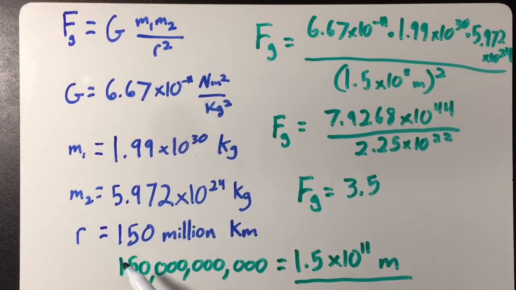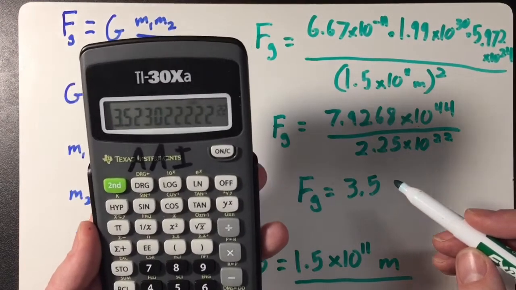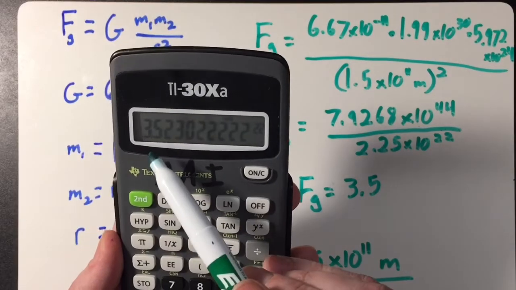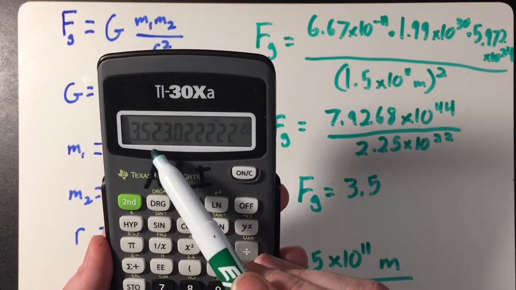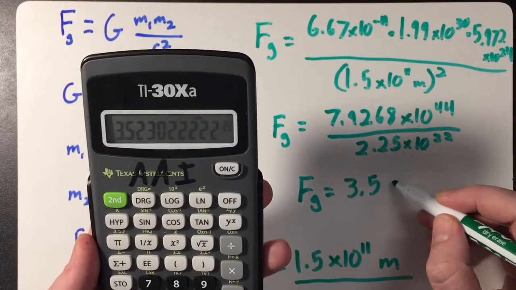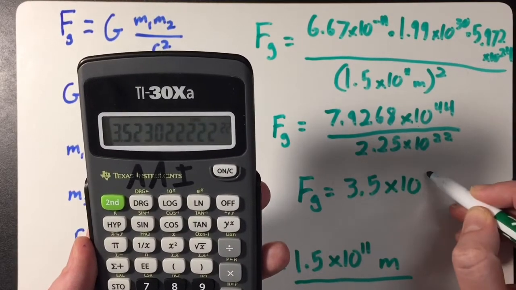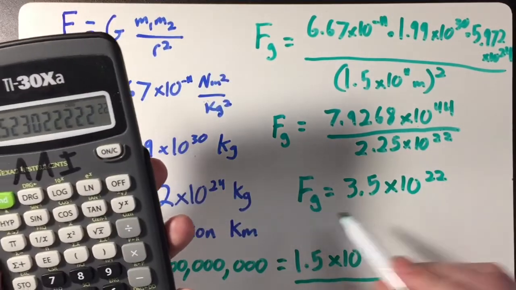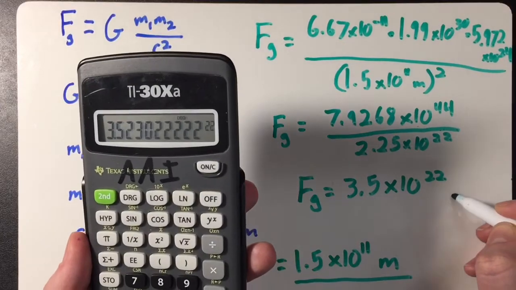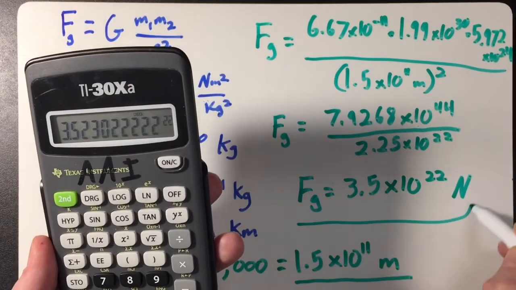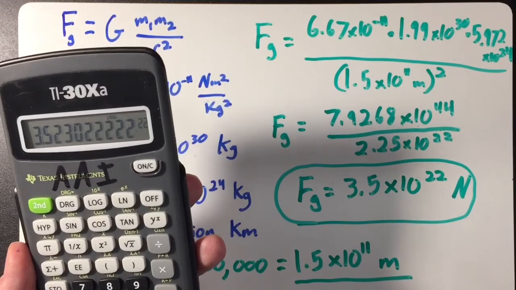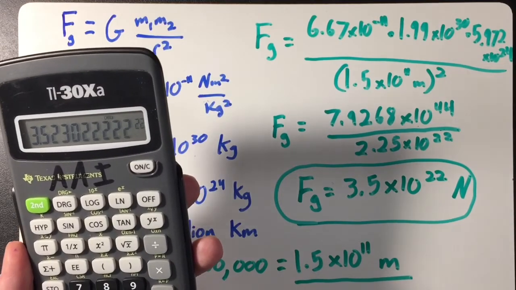Look at the problem. Well, this is 150. We didn't have a decimal point here, so we have two significant digits. So that means 3.52 will round down to 3.5 times 10 to the 22nd, and it's force, so that's going to be in newtons, and that's the force of gravity between the sun and the earth.